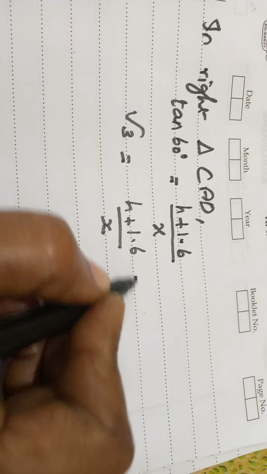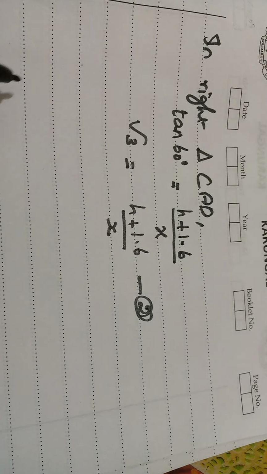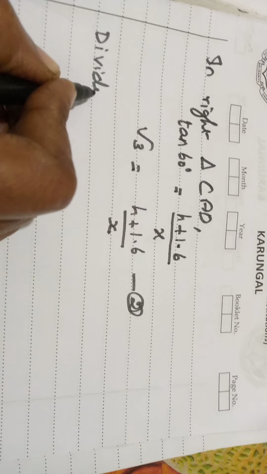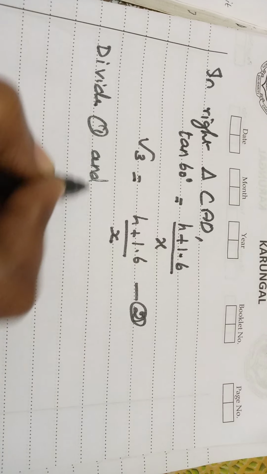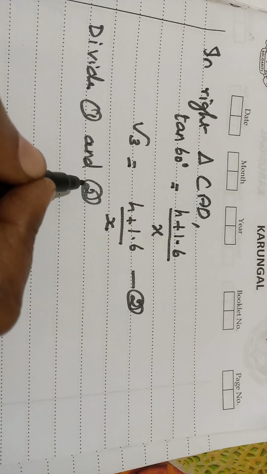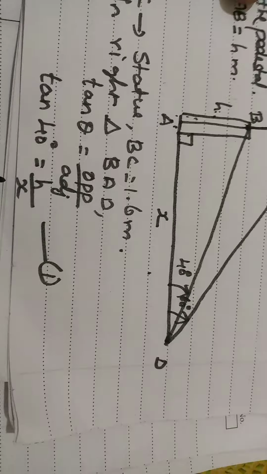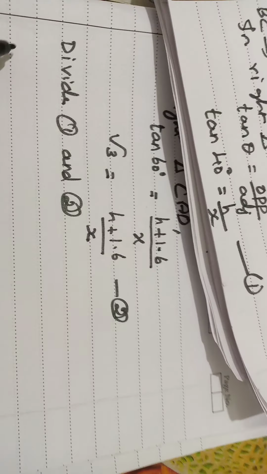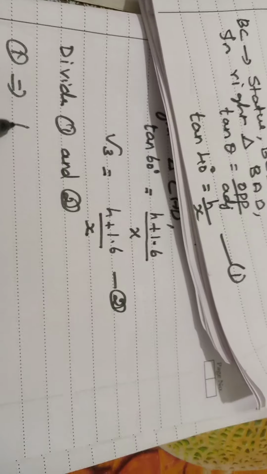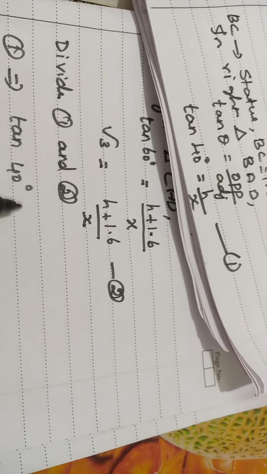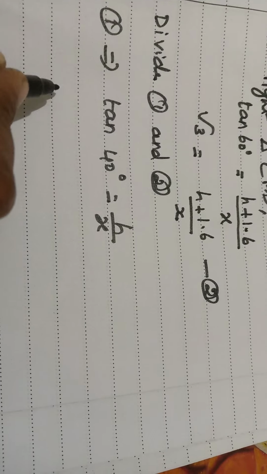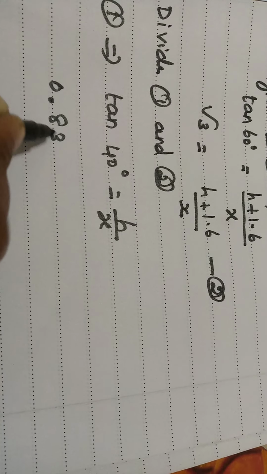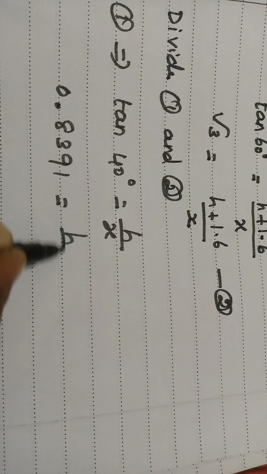Equation number 2. So equation number 1 and 2, let us divide it. Divide the equations 1 and 2. So what is equation 1? Tan 40 is equal to heights by x, no? Tan 40 is equal to heights by x. What is tan 40 given? 0.8391 is equal to heights by x.